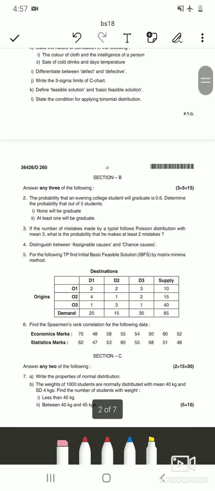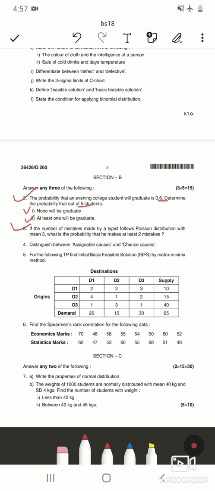From section B again you have one question from binomial distribution. Here P is given, N is given, and they have asked to find certain probabilities. The second question from section B is from Poisson distribution; we have solved such problems.